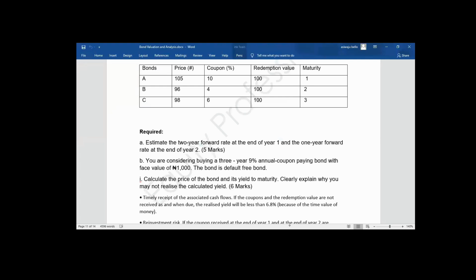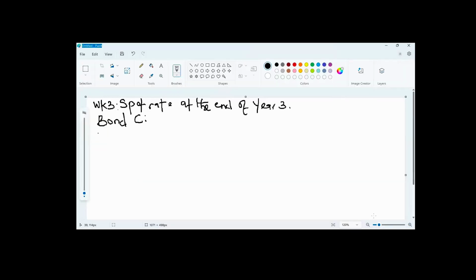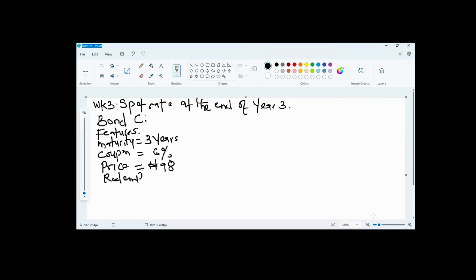The price of bond B is 98. Redemption for bond B is 100.